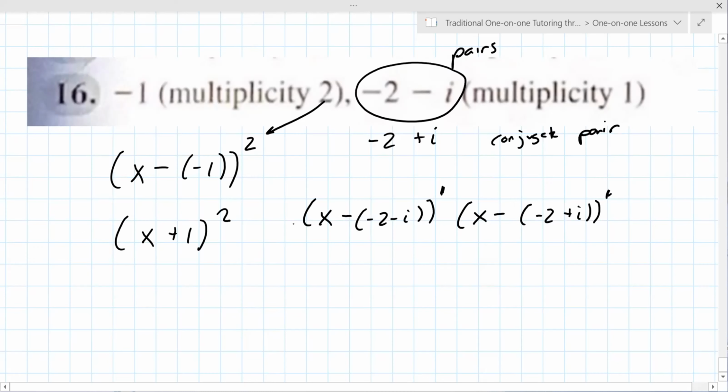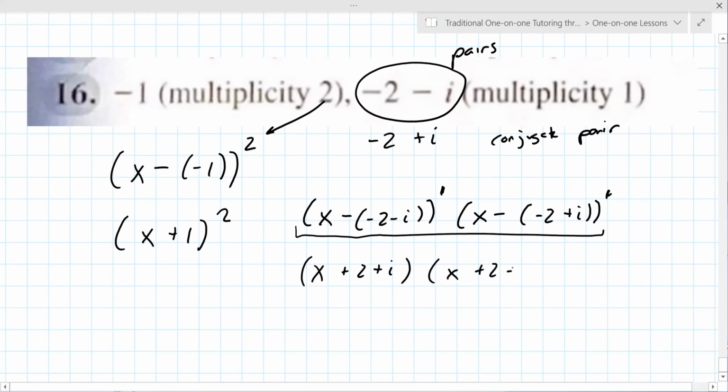Now this one we should multiply out. And to do that, we're going to distribute the negative. So it's x plus 2 plus i, times x plus 2 minus i. So we should quickly multiply this out. So x squared plus 2x minus xi.